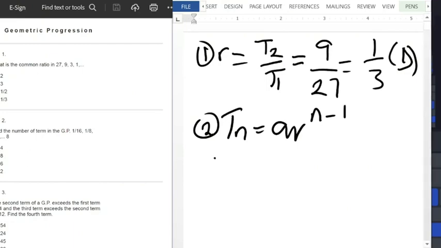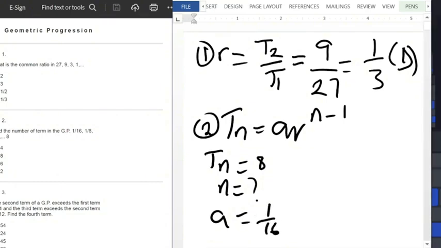So Tn is 8, n is unknown, and the first term A is 1 over 16.